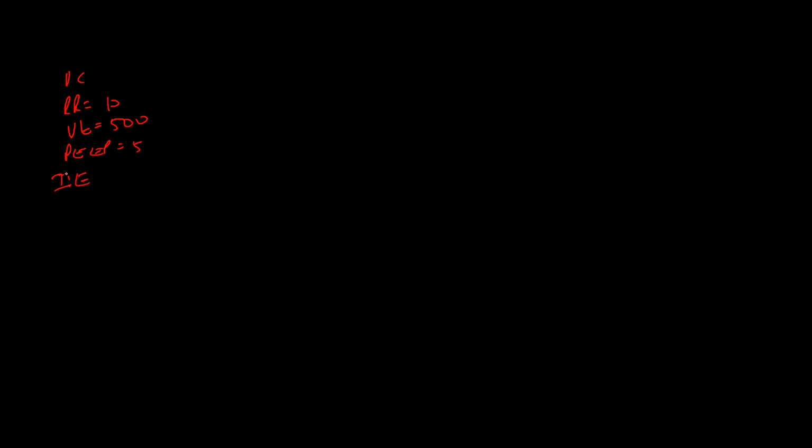You can't set the IE ratio on volume, but you can affect it depending on your respiratory rate, your tidal volume, and your flow. But let's say IE ratio is 1 to 2. Let's just do an ideal one. So you have these parameters in your volume control.